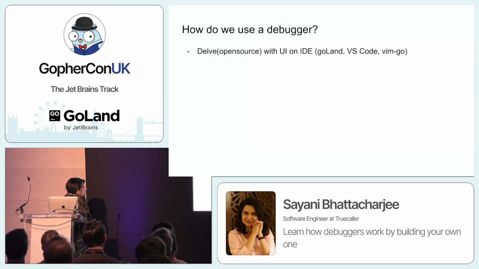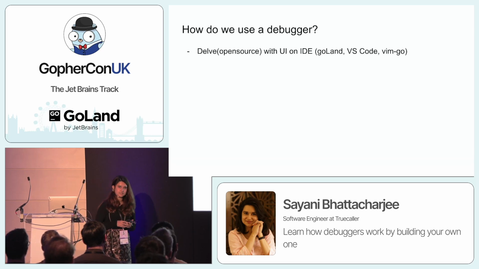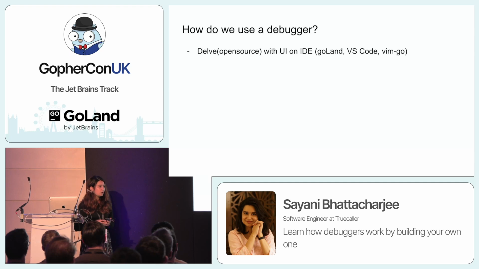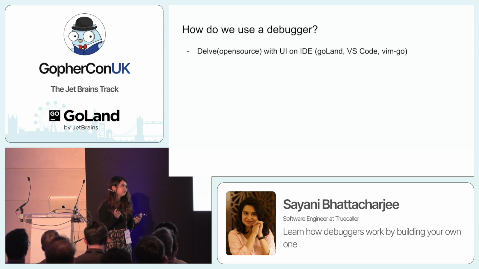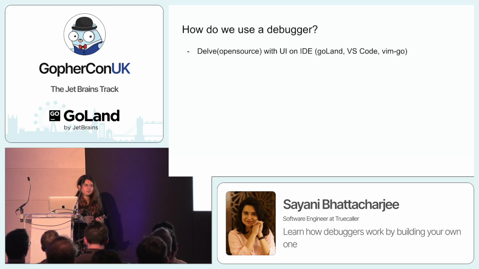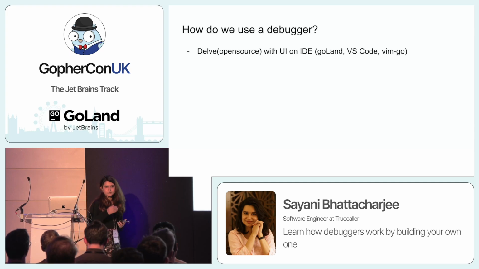We are going to talk about Delve, not the internal architecture of Delve, but how we can emulate something like Delve, and if you're interested in writing a side project of a debugger in any language of your choice, how you do it. For beginners who have never used a debugger, I'll show you a target program, and then I'll walk you through the major features that any debugger would have, independent of whatever IDE you are using.